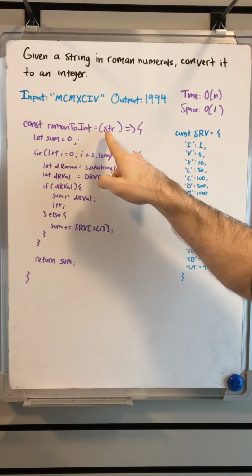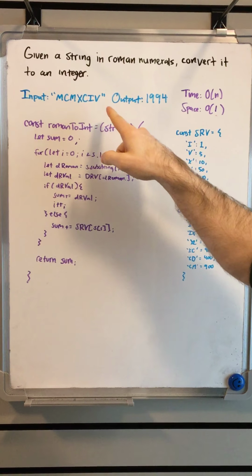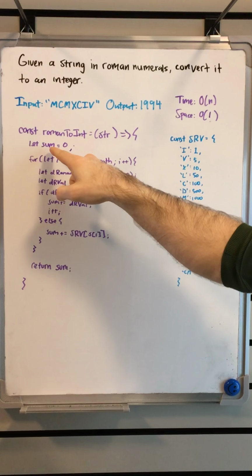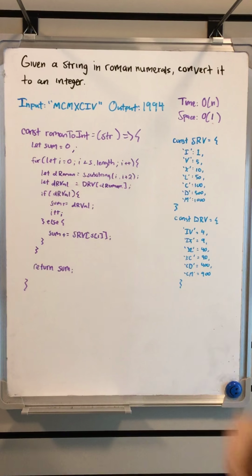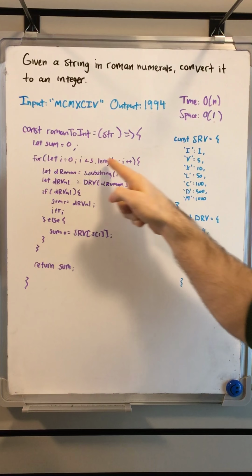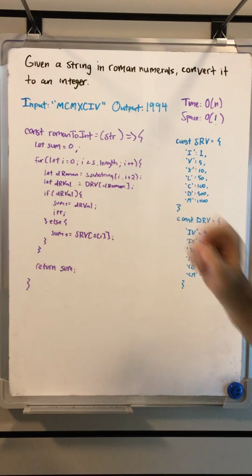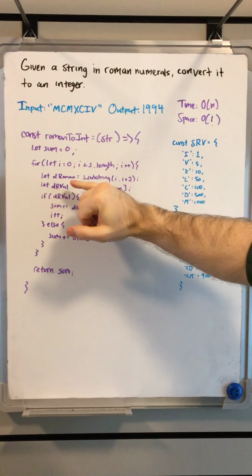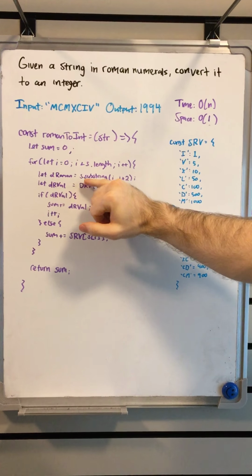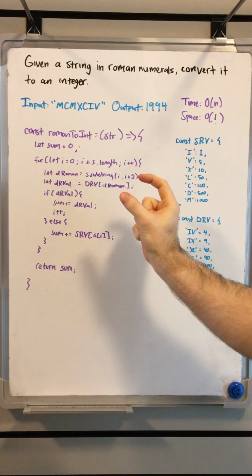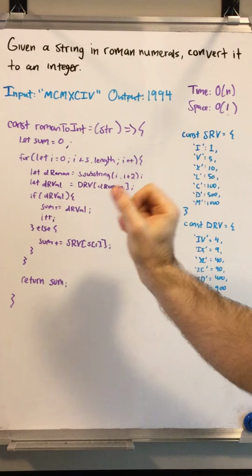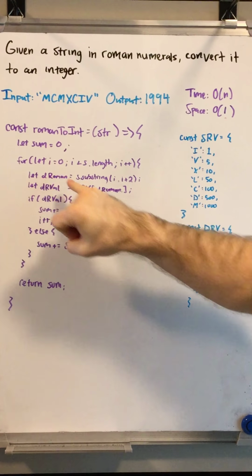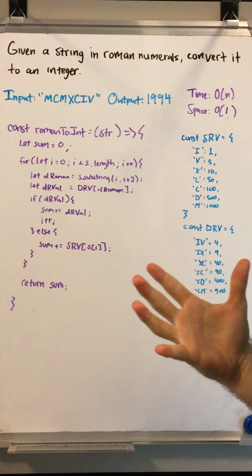So when we're given the string MCMXCIV, we're going to create a sum variable and set it equal to 0. Then we're going to loop over the string, and we're going to increment by 1. Then we are going to get a substring of 2 places, and we're going to call that D Roman, which stands for double Roman.